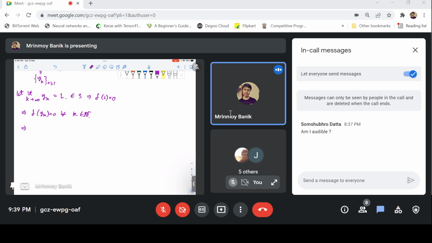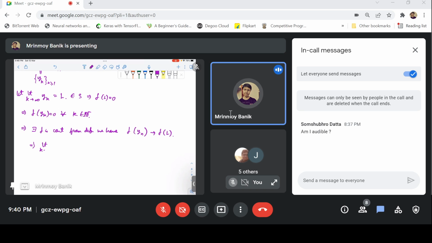Now, see that this limit. So since f is continuous, from the definition we have f of yk converges to f of L. So whenever we have a sequence of xn that converges to some finite point x, the sequence of continuous function values of xn also converges to the function of that limit. Right, that was one of the three definitions of continuity.